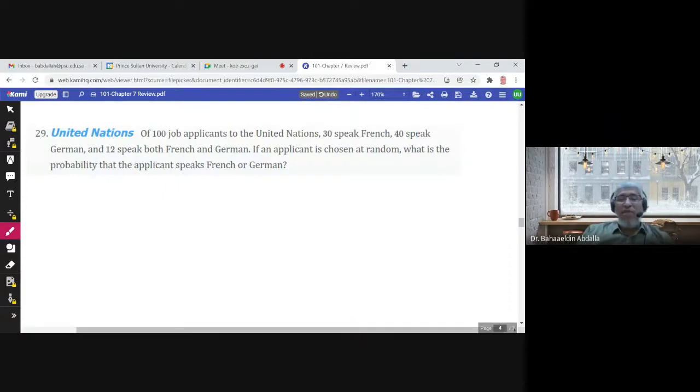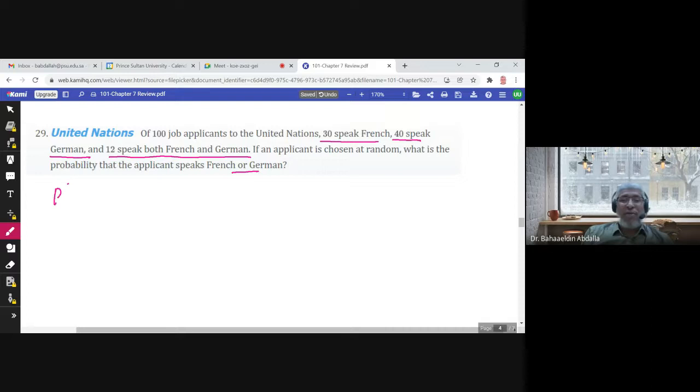Of 100 job applicants to the United Nations, 30 speak French, 40 speak German, 12 speak both French and German. So that's the intersection. If an applicant is chosen at random, what is the probability that the applicant speaks French or German?